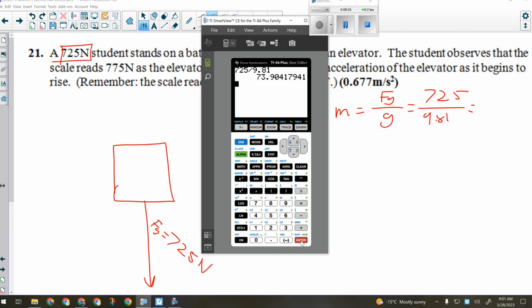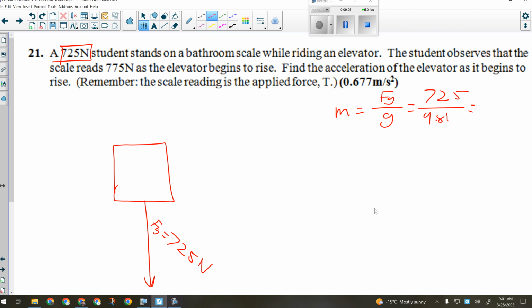The person's mass is 73.9 kilograms. I'll need that for later. The other thing I know is that when the elevator starts to move upwards, the scale reads 775 newtons. So I can also put in here that this is 73.9 kilograms.